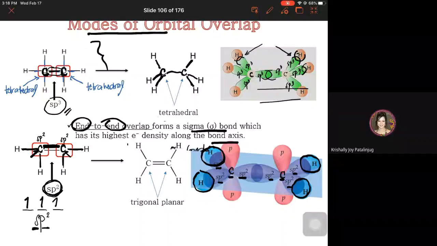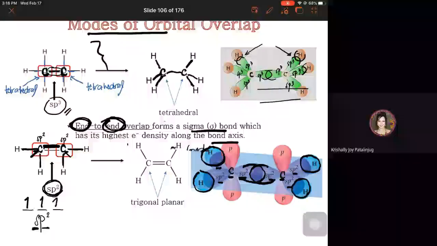Yung isang sp2 nag-overlap sa each other. So those are sigma bonds. Bakit ulit sigma bonds? End-to-end overlap. Yung end ng isang orbital nag-collide with the end of another orbital.